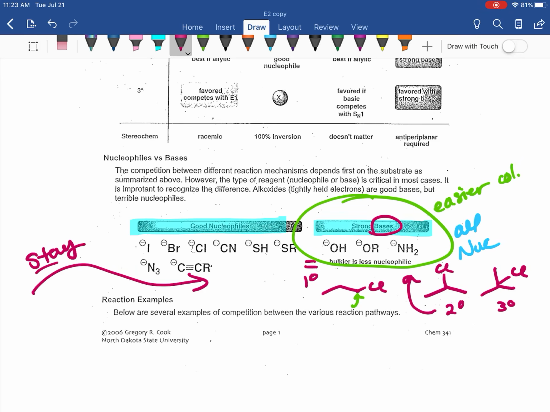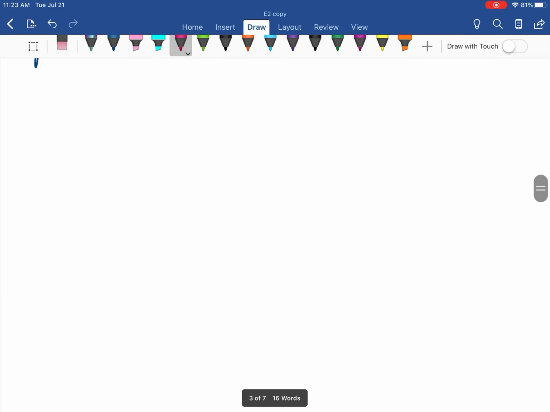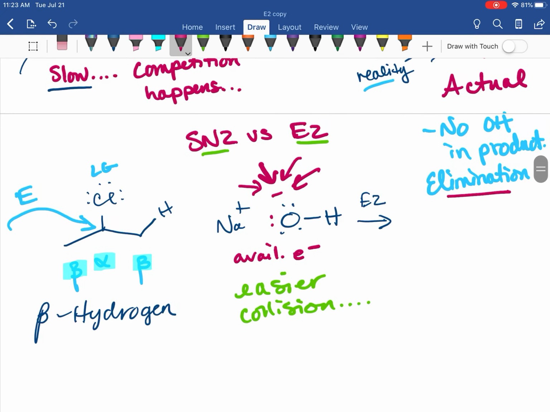These will always stay as nucleophiles. They just prefer being nucleophiles, but these versions, O- and N-, will act on the easier collision.